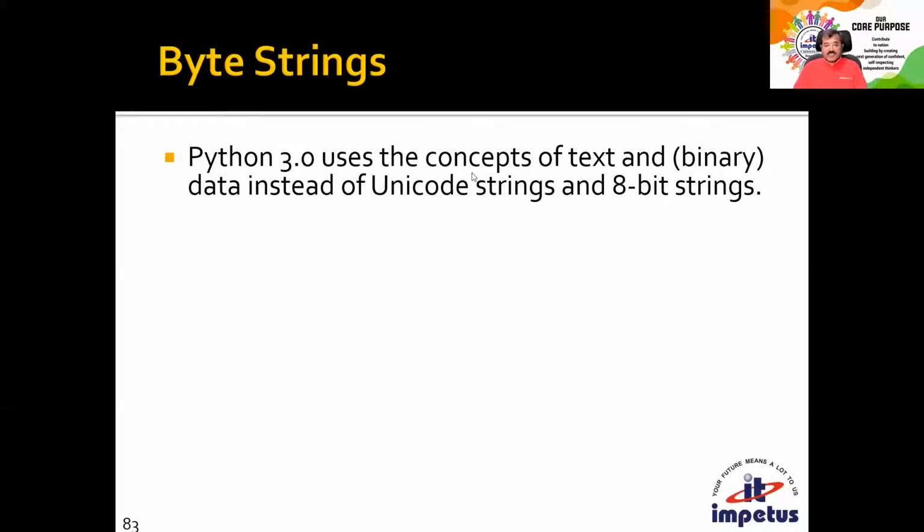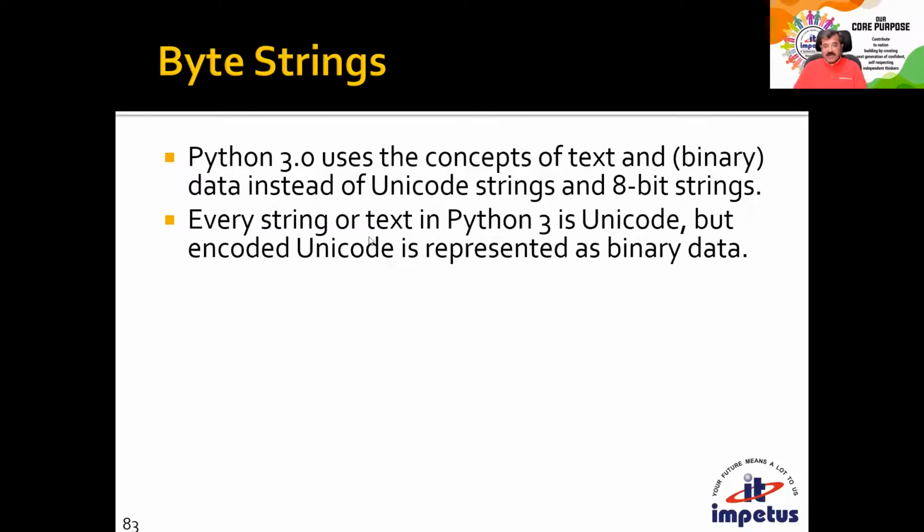So Python 3.0 uses the concept of text and binary data instead of Unicode strings and 8-bit strings. So you have text and binary data. Every string in Python 3 is Unicode, but encoded Unicode is represented as binary data. That means if I say abhaya in Marathi, Devanagari, that abhaya will be encoded using the Unicode format, and that Unicode will be converted to its binary.